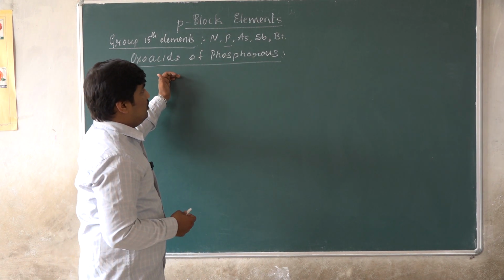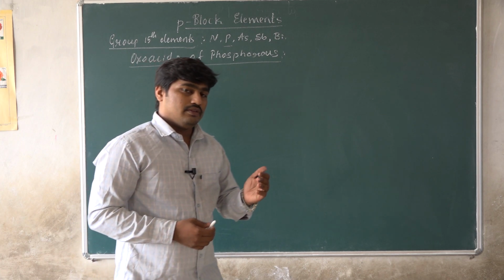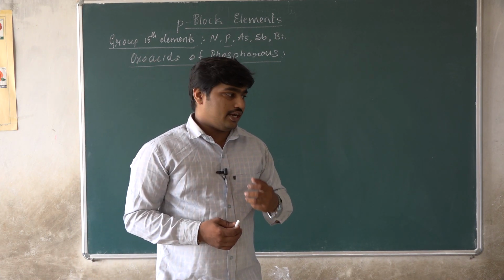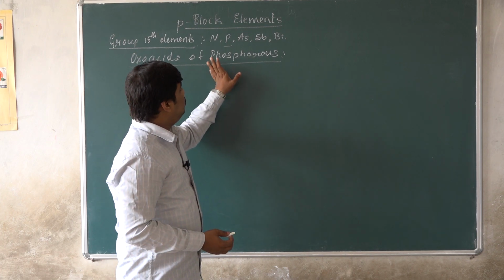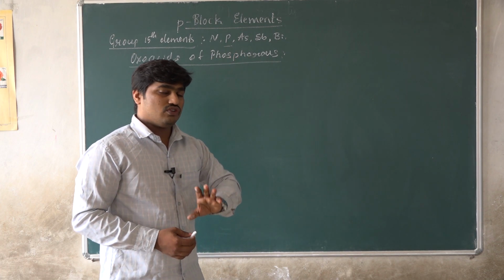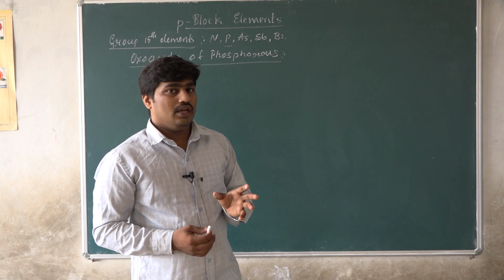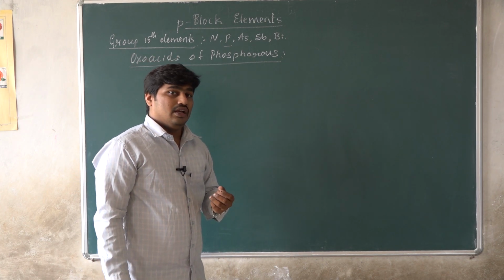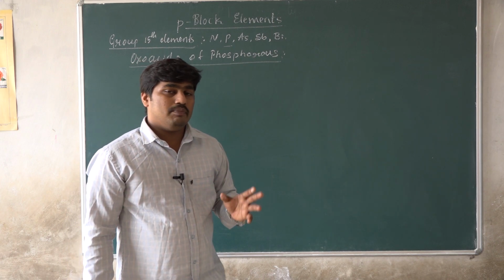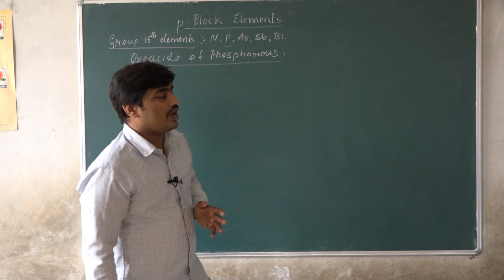Oxo acids means acids that contain hydrogen, mainly oxygen and hydrogen compounds. If the compound of phosphorus contains oxygen and hydrogen, then it is known as an oxo acid.